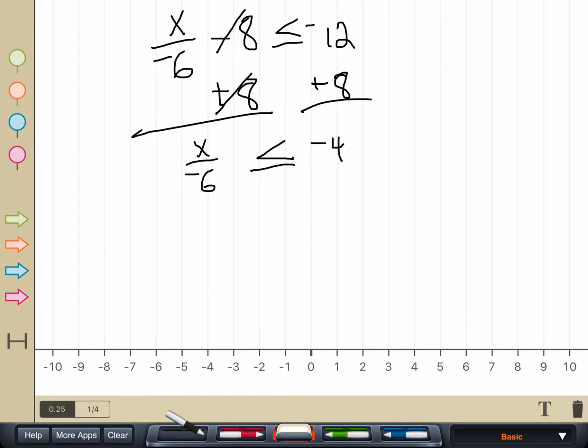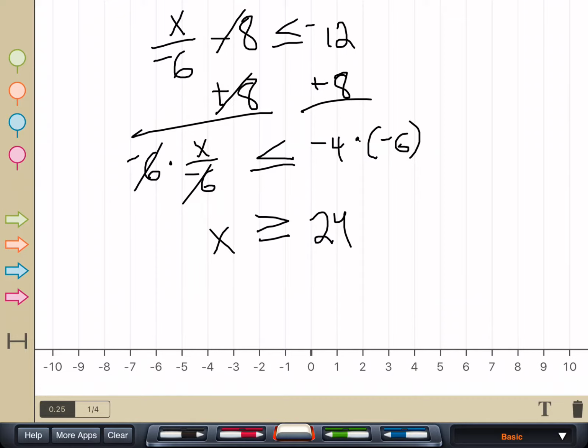So at this point, I need to isolate my variable. I'm dividing my variable by -6, so I'm going to go ahead and multiply it by -6. But what I do to one side, I'm going to do to the other side, multiply by -6 here. So if I take x, divide it by -6, and multiply it by -6, I'm going to have x here. -4 times -6 is 24, and my sign is going to change.